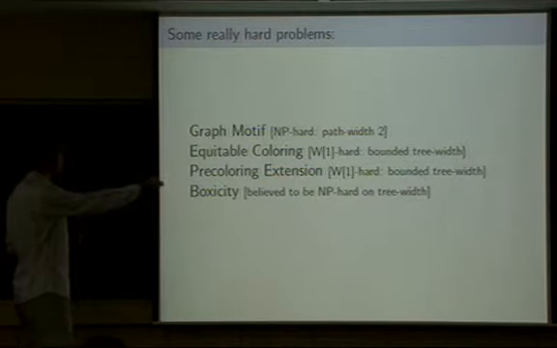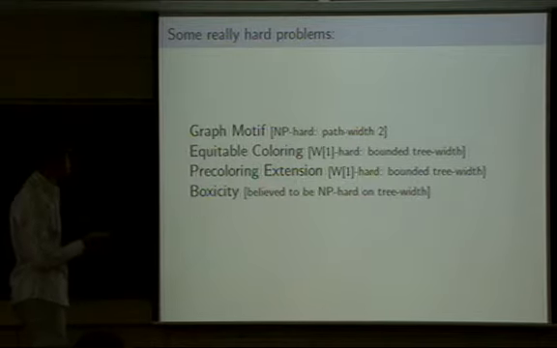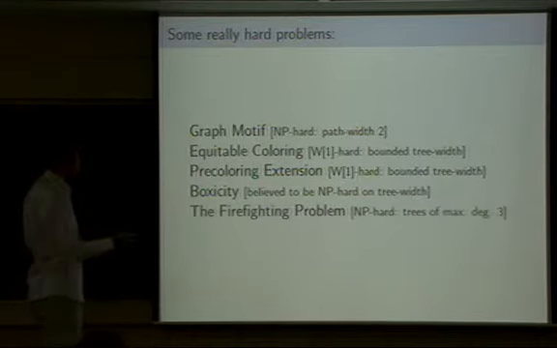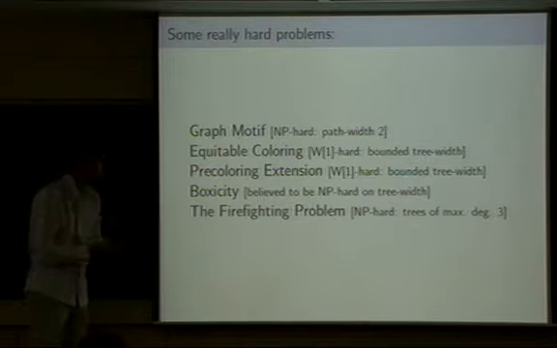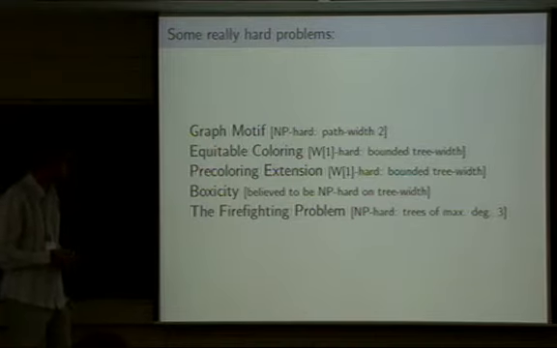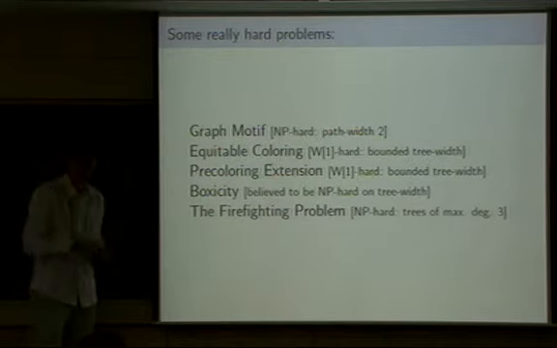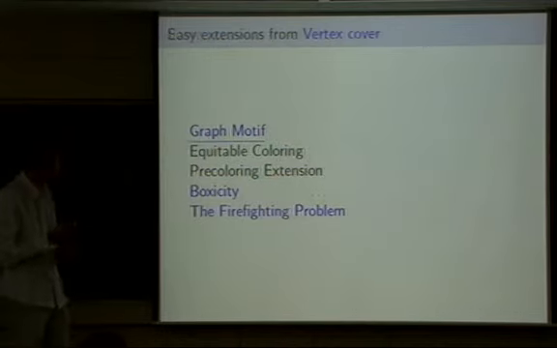You can see that these are really hard. Some are hard on bounded path width, and you can add more problems to the list if you want to. You can even see that this problem is NP-hard on trees of maximum degree 3, and you can solve all of these in FPT time on graphs of bounded twin cover.